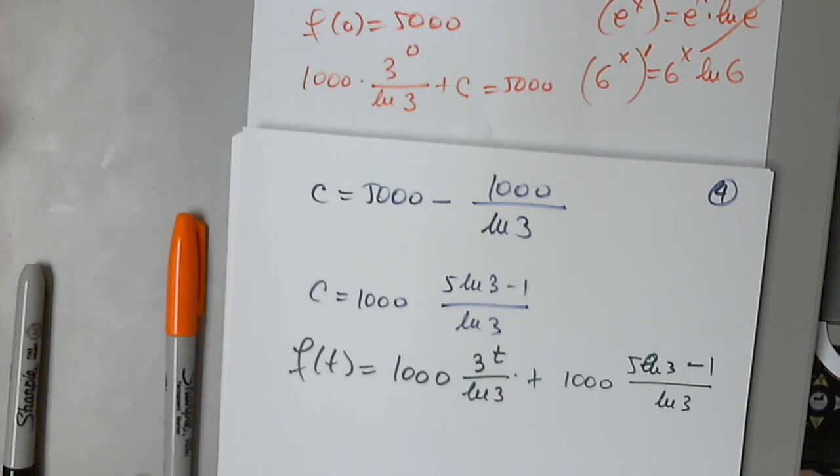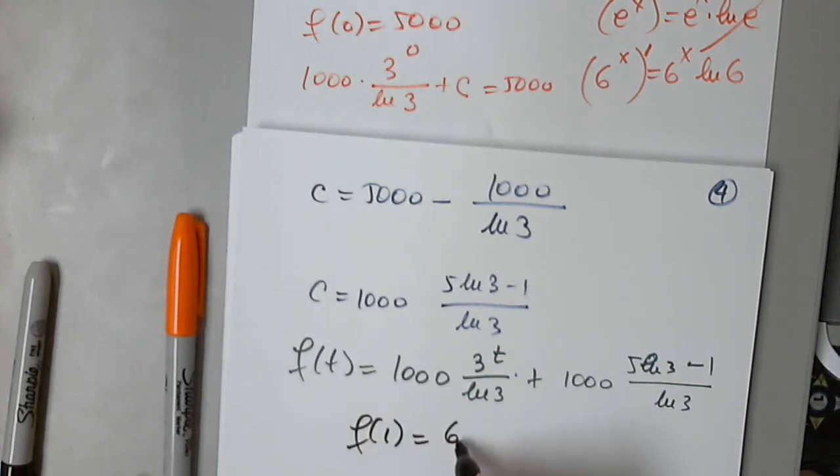So I got 6,820. So f of 1 is 6,820. So careful, let's see. Round your answer to the nearest whole number, which makes sense, right? If I get 65.3 people, I have to say still 65, right?